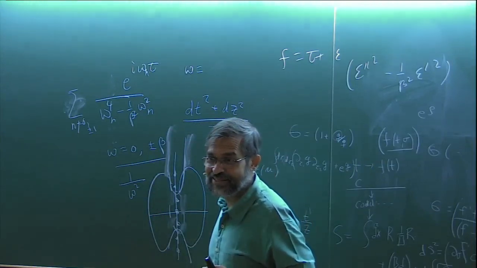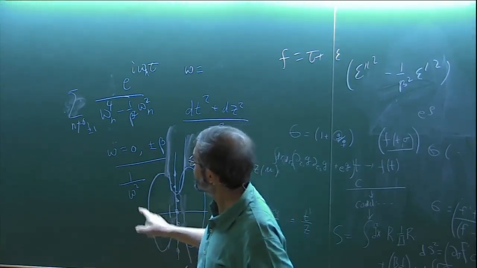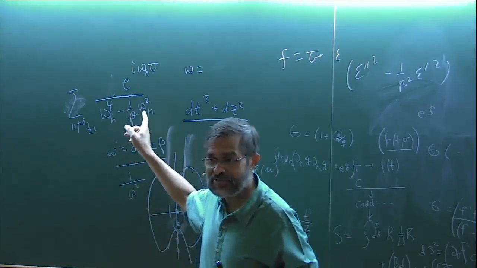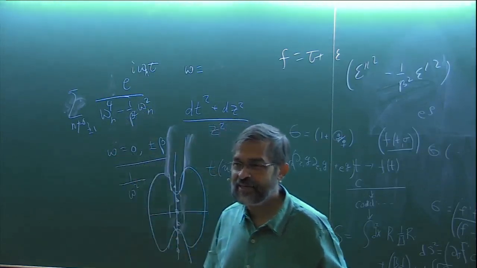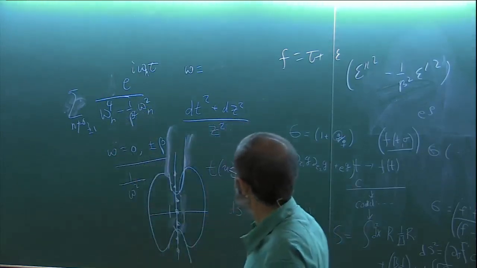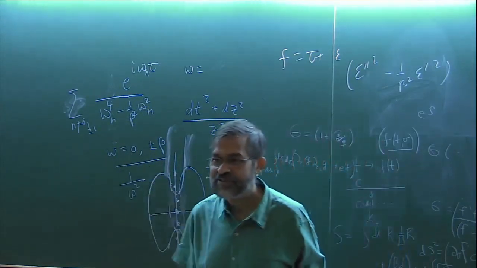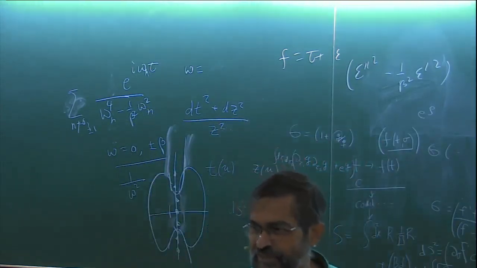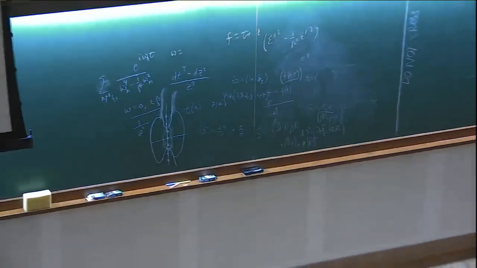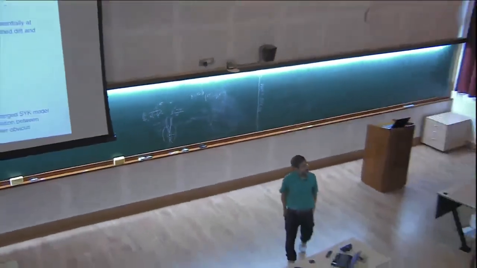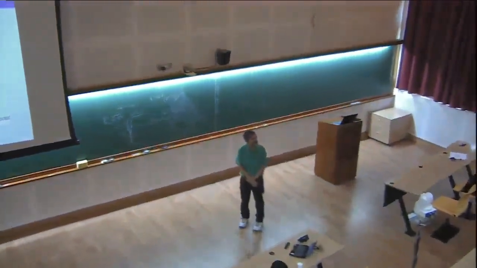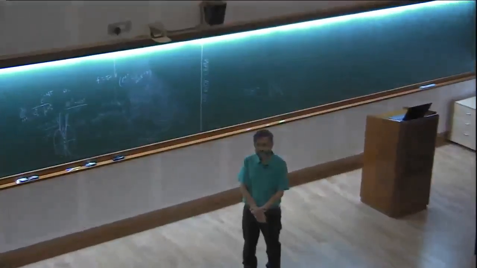So it was important that you had some non-trivial pole structure here, and that's what does not work out with the 1 over omega squared propagator. If there are no further questions, let's thank Gautam again.